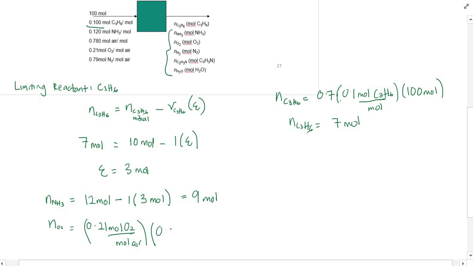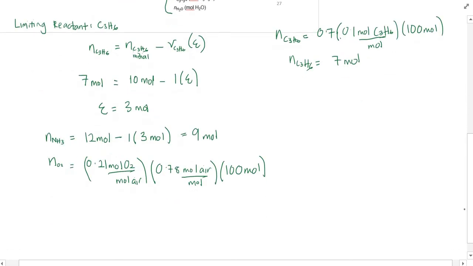Multiply with 0.78 mole air per mole of feed, then multiply with 100 moles. This is the initial value, and you will get 16.4.